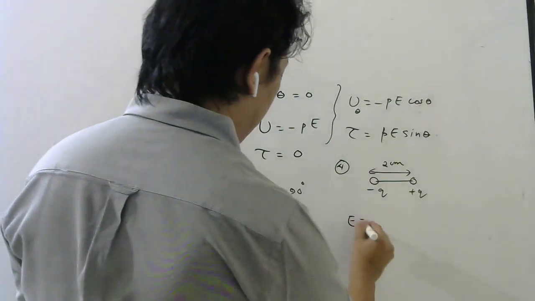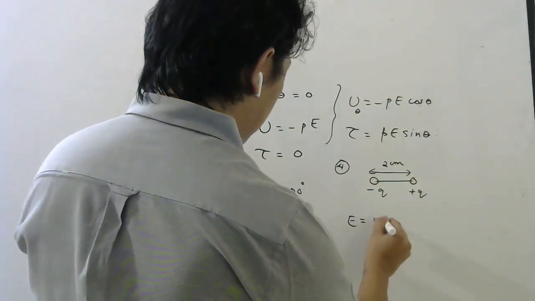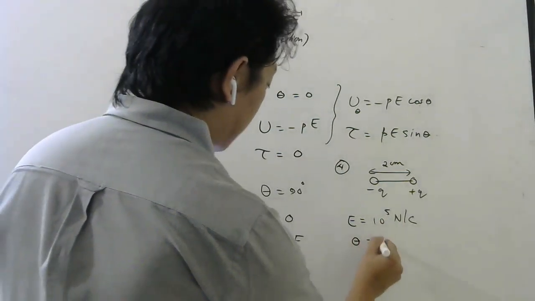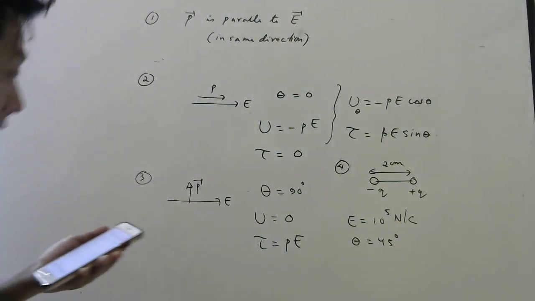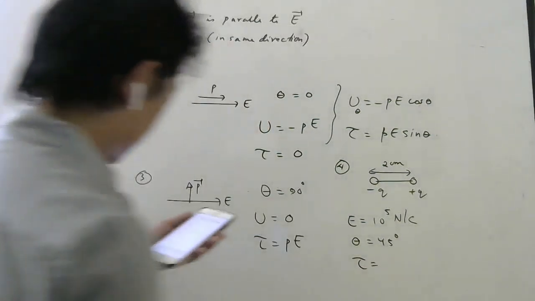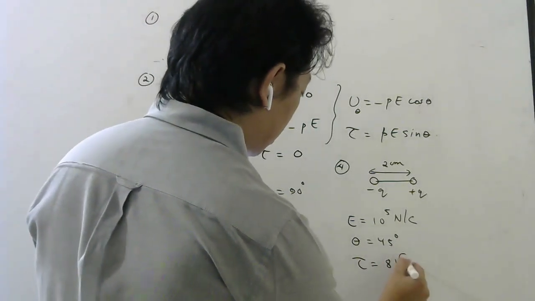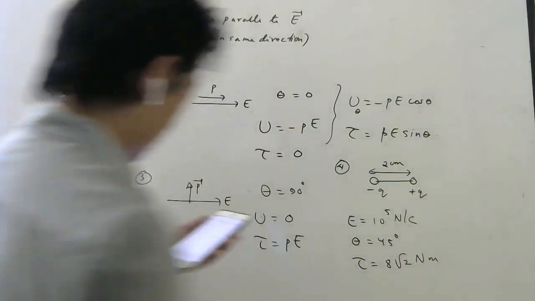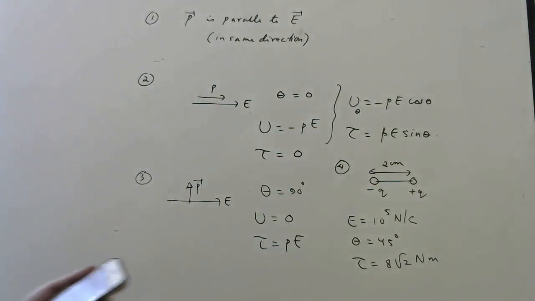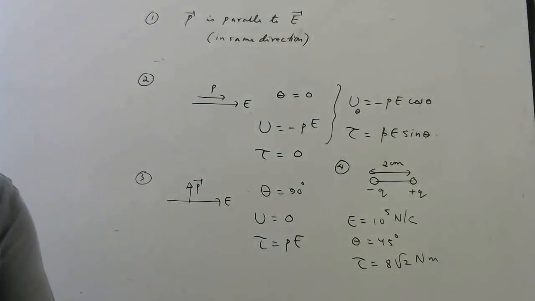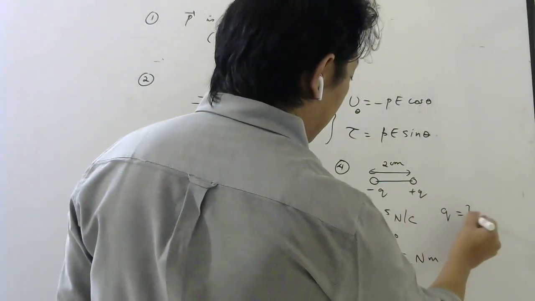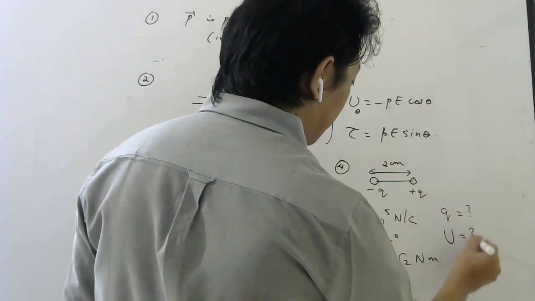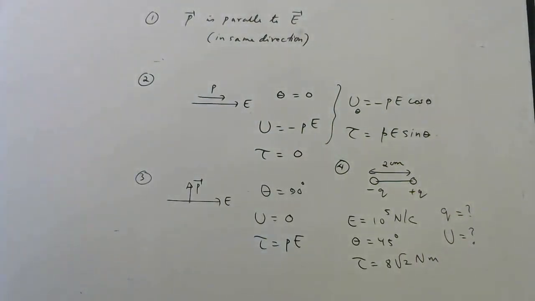The electric field is uniform, given as 10 to the power 5 Newton per Coulomb, and the angle between the dipole moment and electric field is 45 degree. It experiences a torque of 8 root 2 Newton meter. Calculate the magnitude of the charge on the dipole and potential energy of the dipole. So they want you to calculate the charge q and potential energy of the dipole. These two things they want.